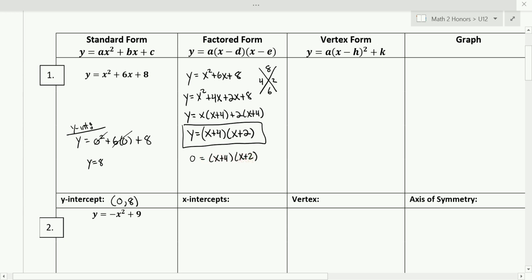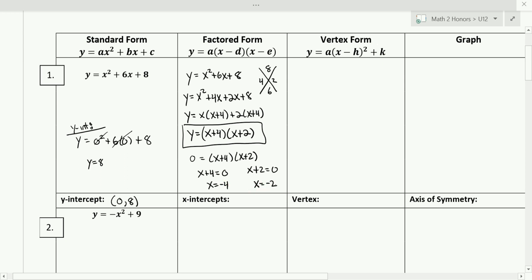How do you solve for x? Set each factor equal to 0. This is what we have been doing when we're solving with the circle problems and other problems that we've done. And we get x is -4 and -2. So we got two x-intercepts.